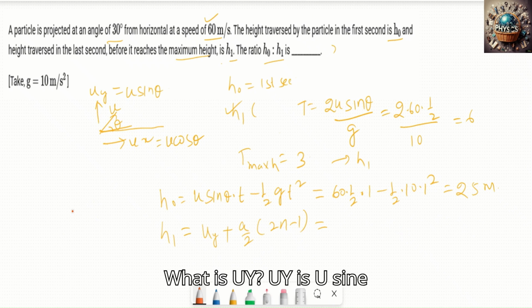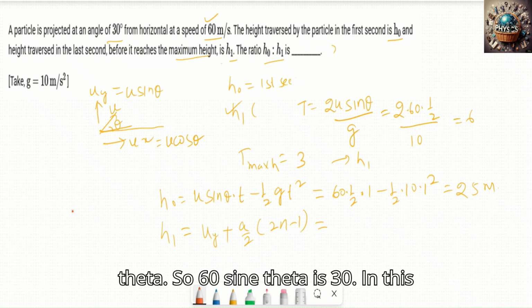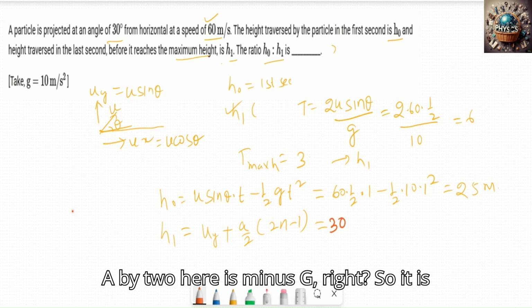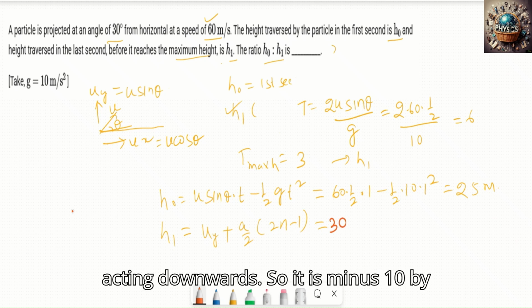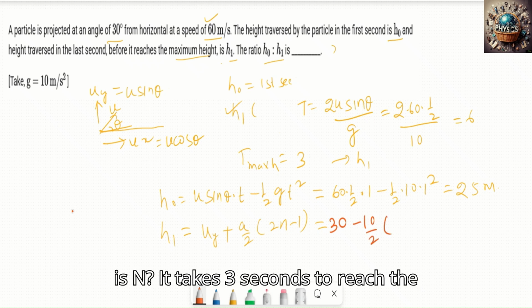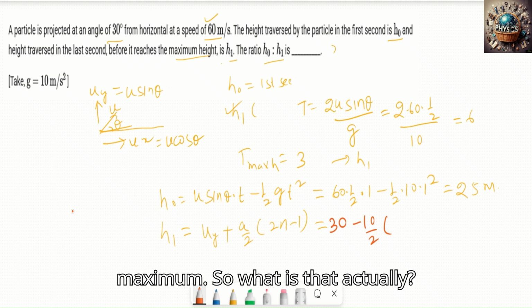What is uy? Uy is u sin theta, so 60 sin 30 is 30 in this case. A by 2 here is minus g, since it is acting downward, so it is minus 10 by 2 into 2n minus 1. What is n? It takes 3 seconds to reach the maximum.